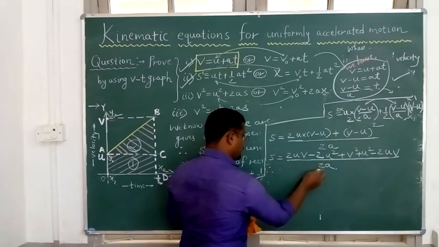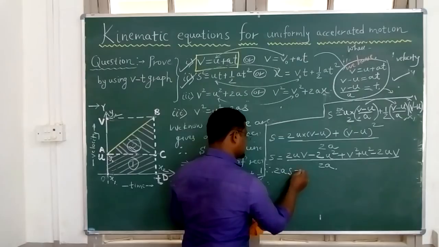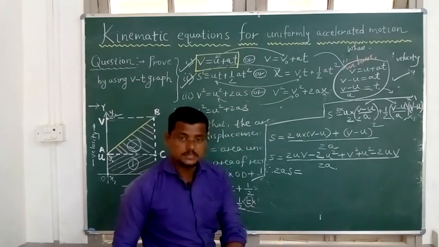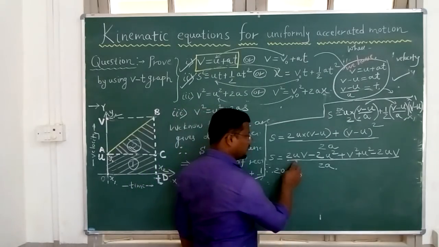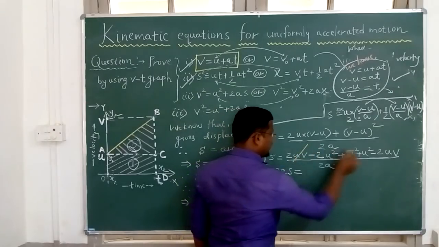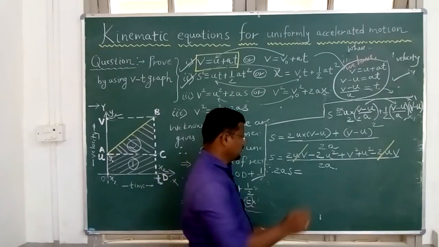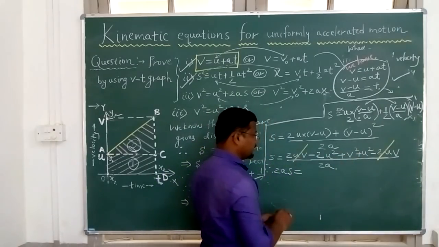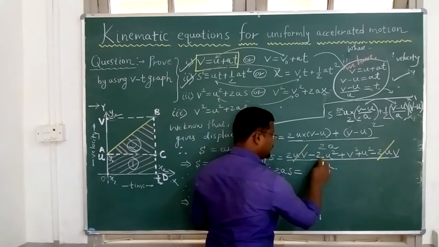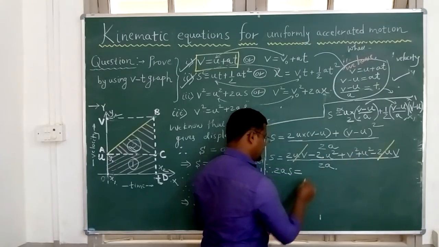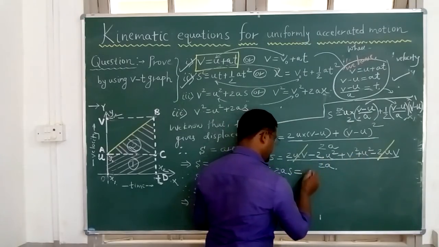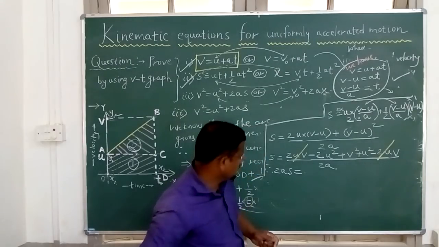So therefore 2A into S is equal to, what are the things that we can cancel? Just see. 2UV minus 2UV cancel out. So this I no need to write here. V square, this is minus 2U square plus 2U square. It is minus U square. Right? This is the minus here.